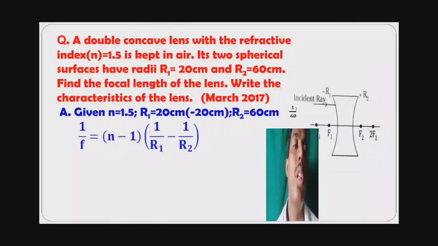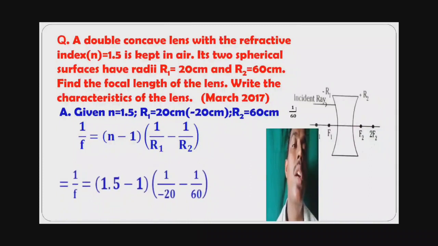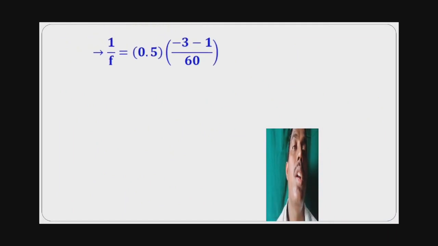By substituting the values in this equation, 1 by f is equal to (1.5 minus 1) into (1 by minus 20 minus 1 by 60). 1.5 minus 1 is equal to 0.5, and the LCM of 20 and 60 is 60. So minus 3 minus 1.